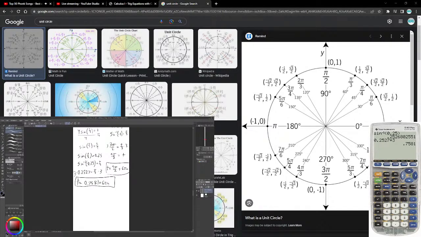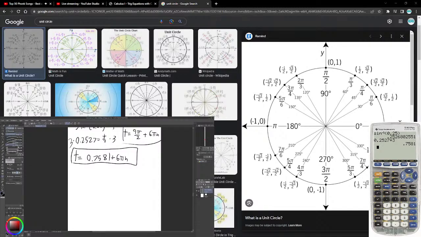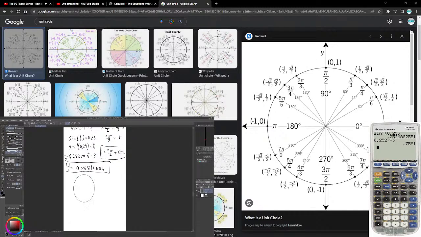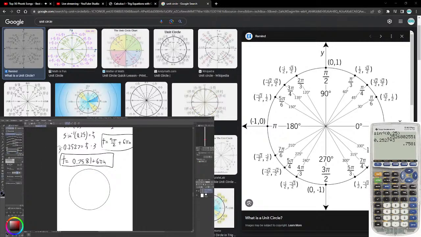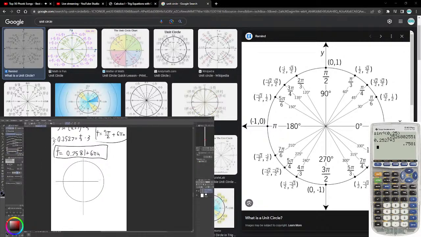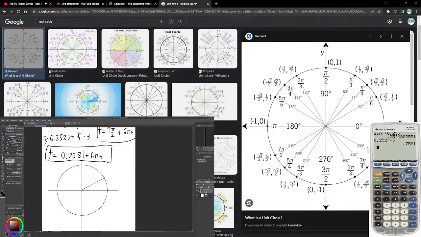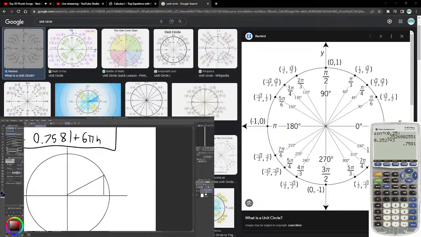So I'll draw out the unit circle. The angle I got, 0.2527, is gonna be in the first quadrant.